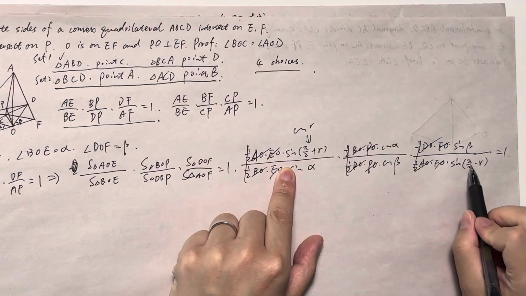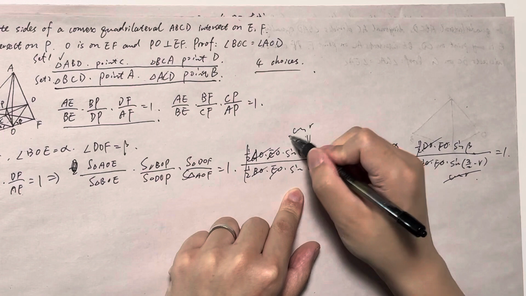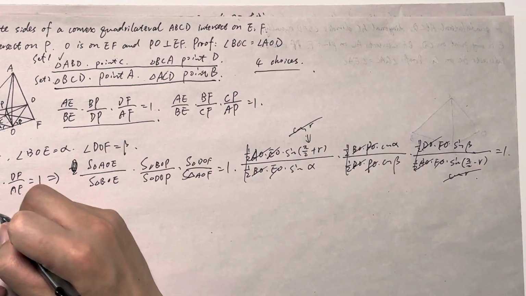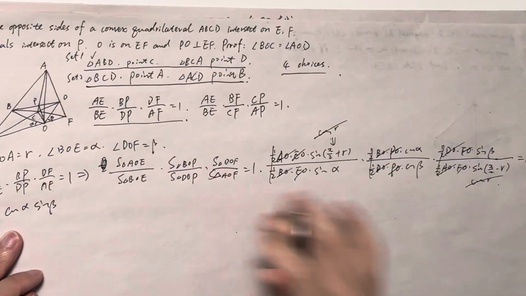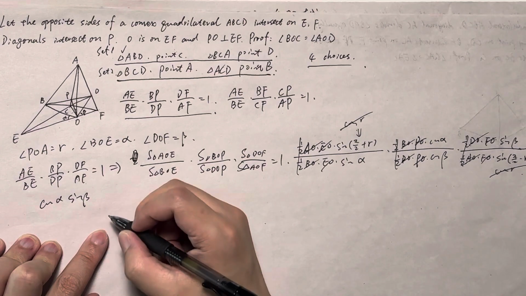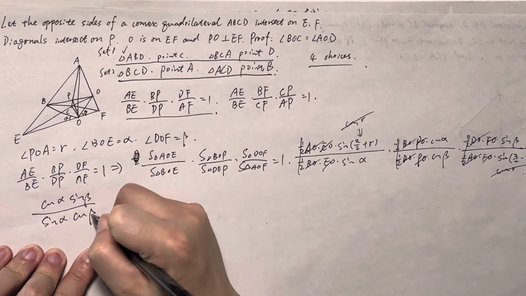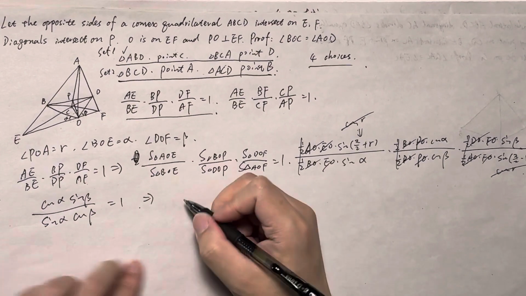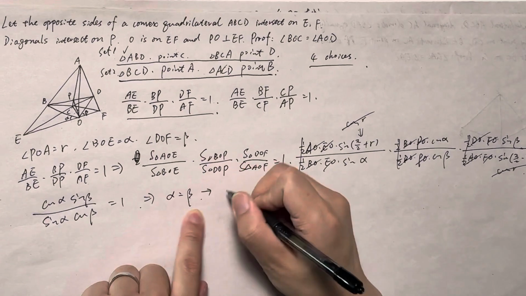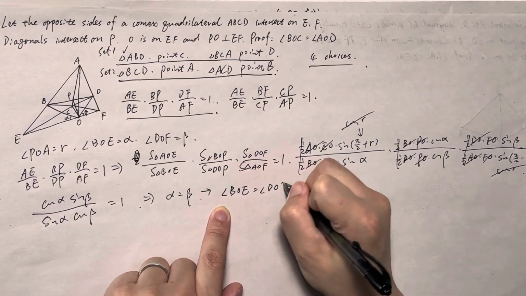We have sine of pi by 2 minus gamma, that's cosine gamma. So these two cancel each other. Then we got only cosine alpha sine beta divided by sine alpha cosine beta equals 1, which means alpha equals beta, right? So angle BOE equals angle DOF.